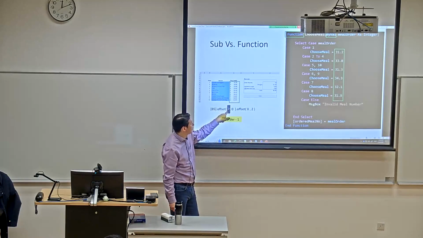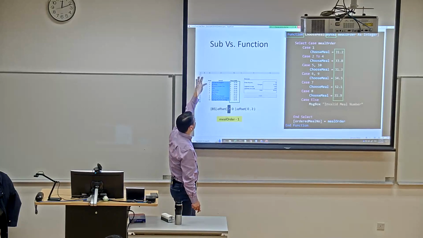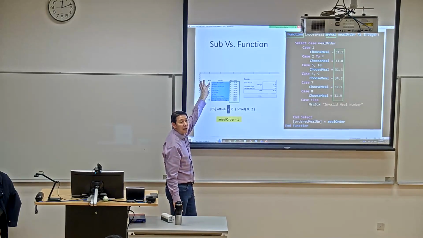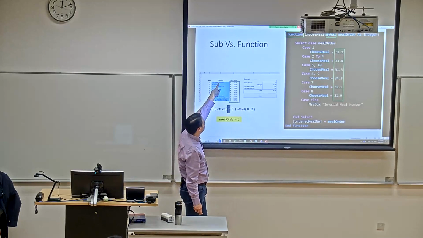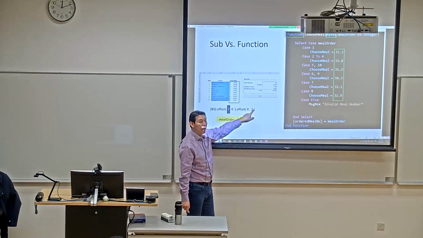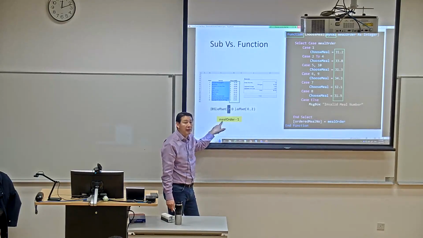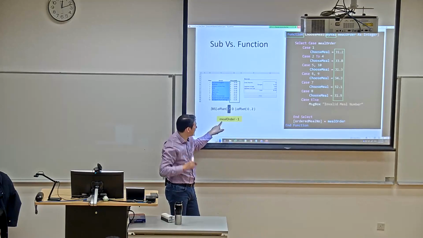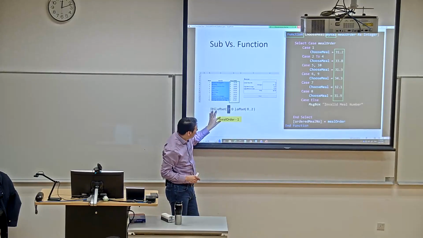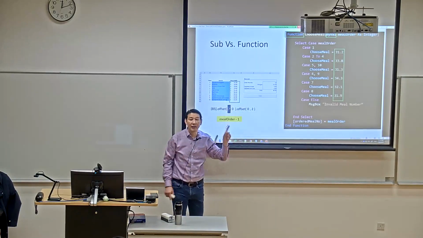B5, 0, 0 means this particular data cell, and then we're going to use offset, 0, 1, 2, 0, 2. Then by incorporating this with the meal order, which is a number, the meal number picked by the user, we can actually locate the corresponding price.